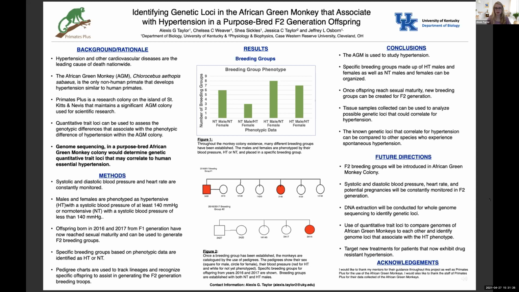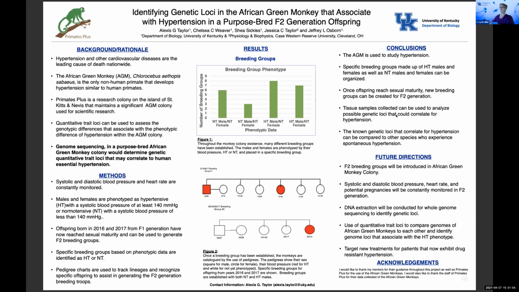Starting that over earlier would have let me get these 2016, 2017 breeding groups introduced before mating season happened, so they could get a feel of each other before mating season. Now we're kind of pushing it to see if we can get any pregnancy. So I could have been a little bit more on top of it.